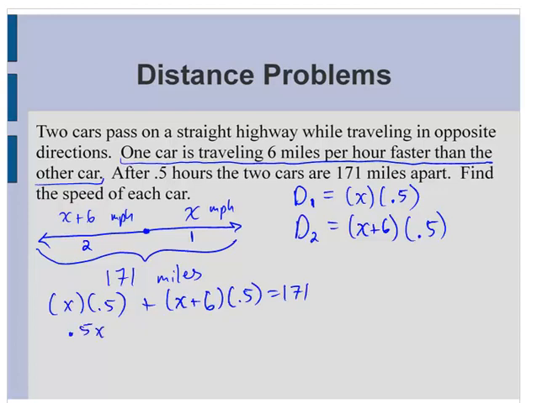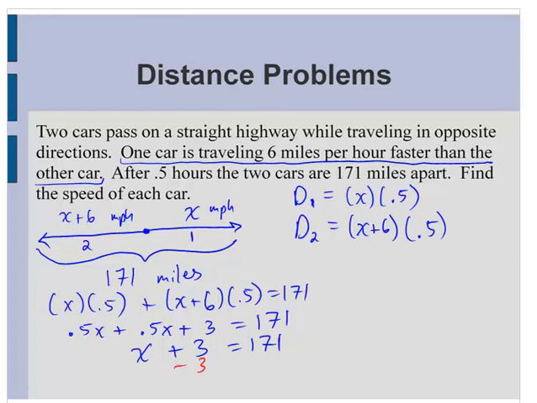Well, that's the same as 0.5x, distributive property, 0.5x plus 0.5 times 6 is 3, is 171. 0.5x plus 0.5x is x, and x plus 3 is 171.